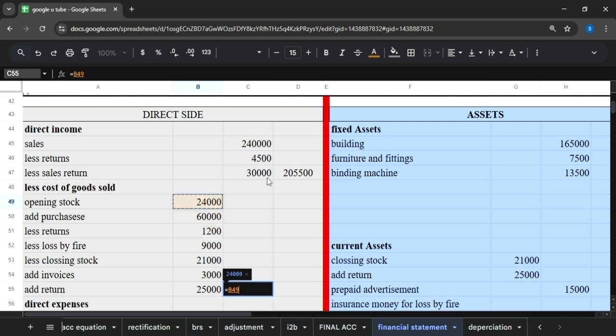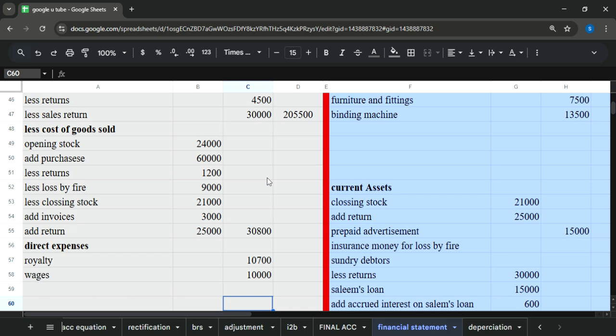Opening stock plus purchases minus first return minus loss by fire minus closing stock plus invoices minus returns. So we have got cost of goods sold and there are two direct expenses.